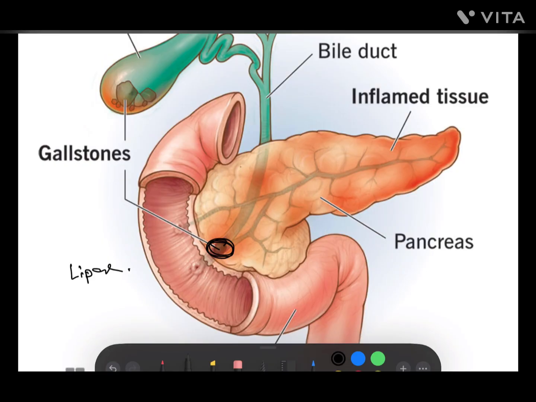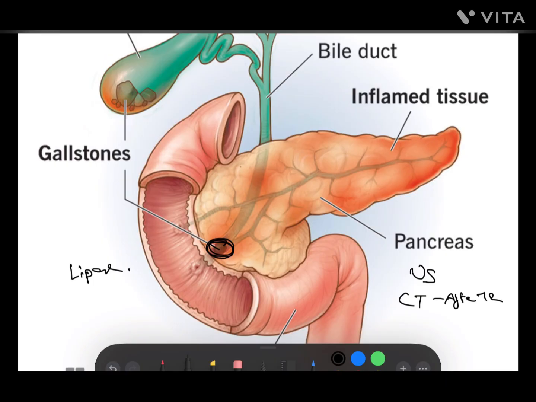The pain will radiate to the back, and the best initial imaging is ultrasound. Then, if you are not finding any gallstones, go with a CT scan after 72 hours of admission. Next, the Atlanta classification will help to find out the severity: mild, moderate and severe.